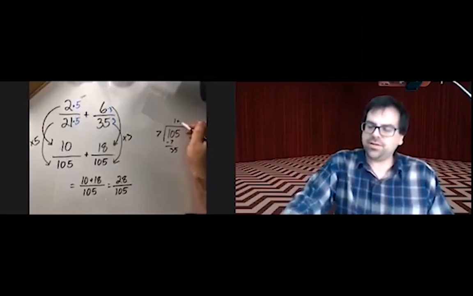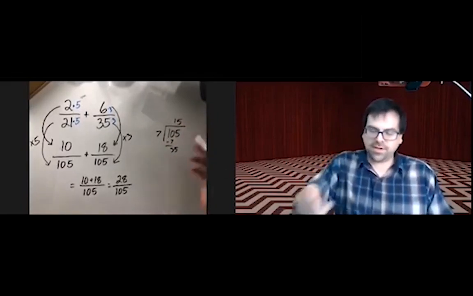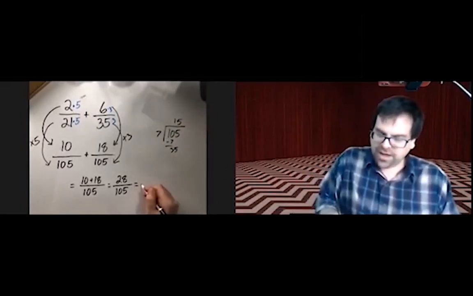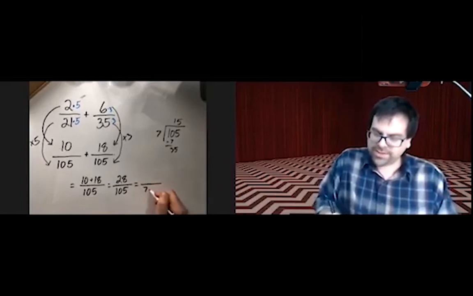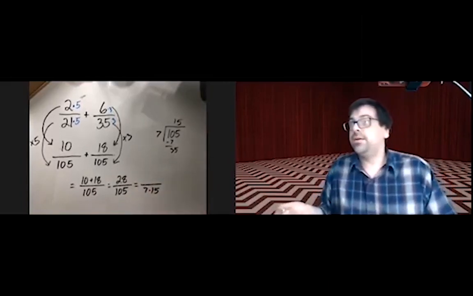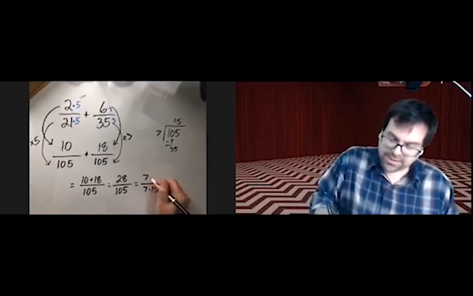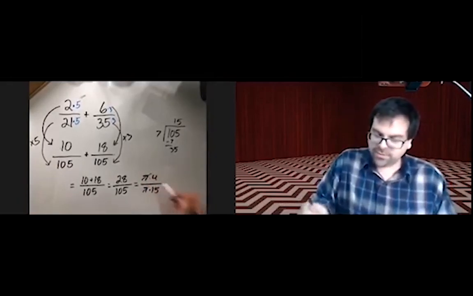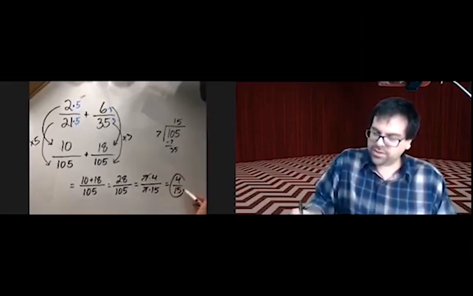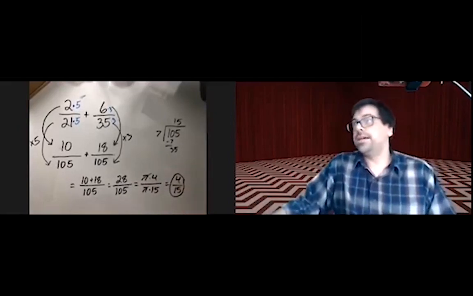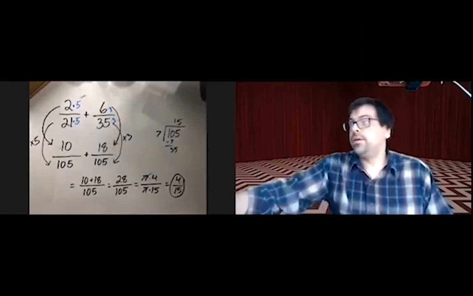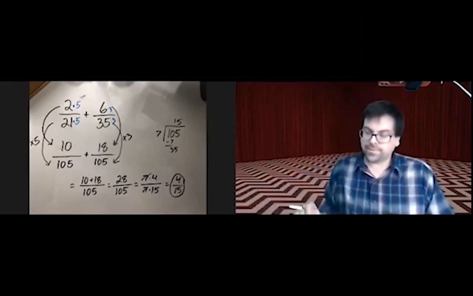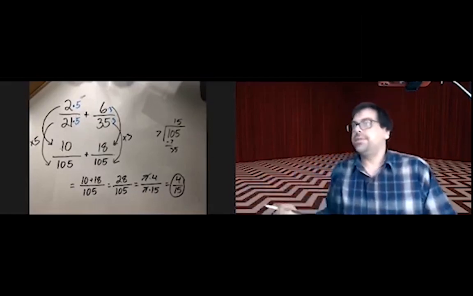Subtract, 7 goes into 35 5 times. So we just found that 105 is 7 times 15. We know 28 is 7 times 4. That means the reduced fraction and the correct answer is 4/15. And that will get accepted.